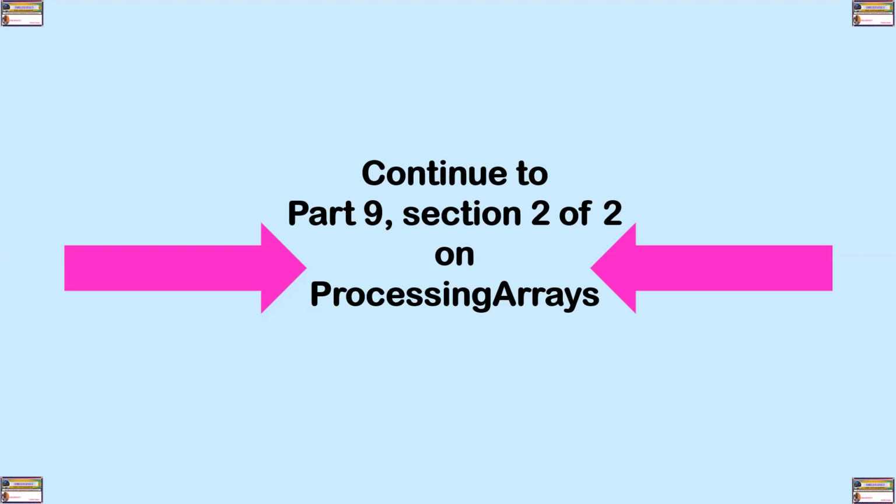What is remaining is for us to know how we pass the array to a function, how to sort arrays, and how to search arrays. And that is what I have presented in the next presentation by the title, Part 9, Section 2 of 2 on processing arrays.